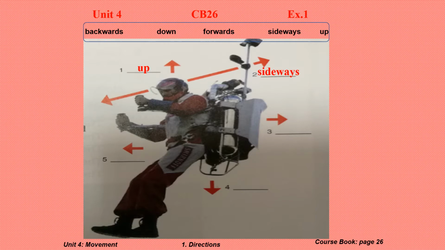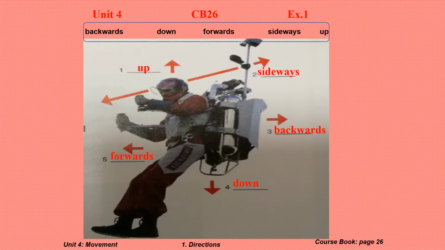But mainly it means sideways, to the right and to the left. Okay, number 3, backwards. Very good. Backwards. Number 4, the movement is down, down. And number 5 is forwards, forwards, forwards.